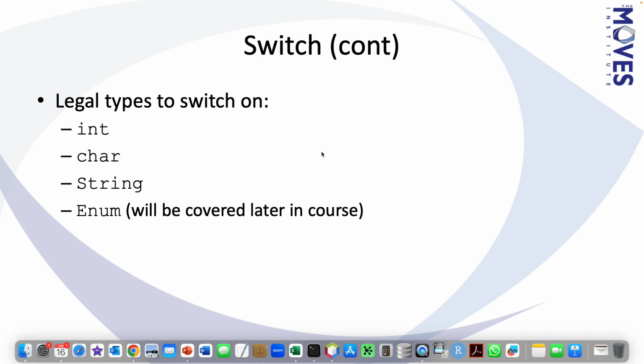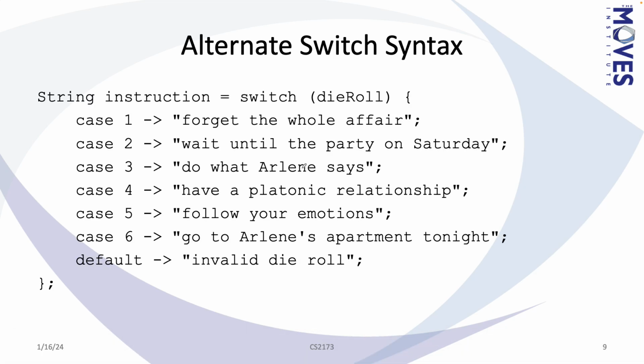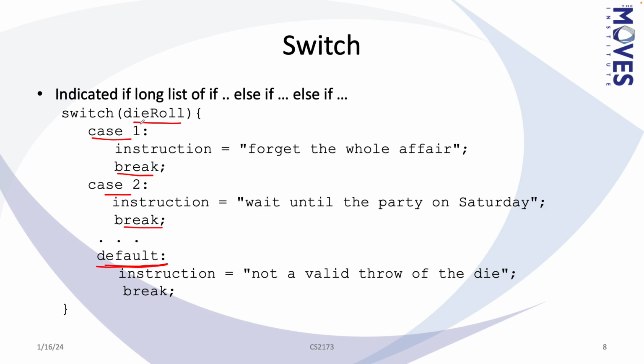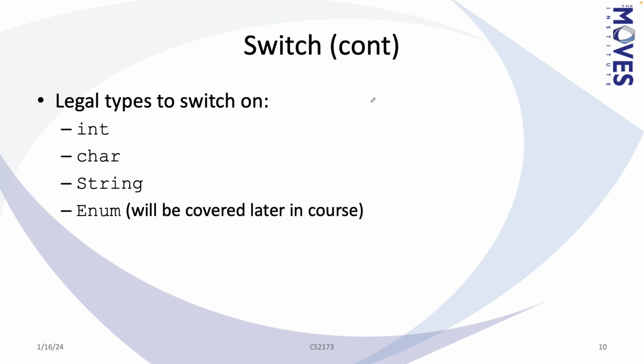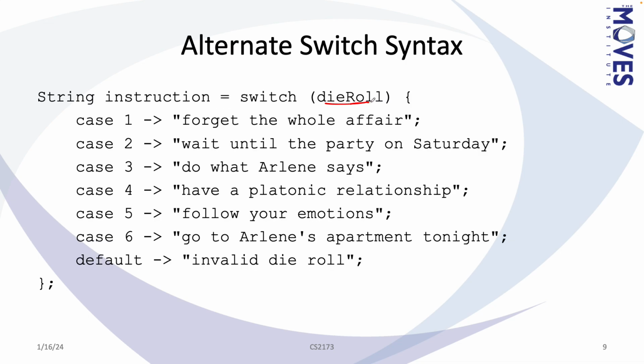When you say legal type to switch on, that's specifically for the different cases. Yeah, both the cases and the switch itself. When I say switch here, what can go here is an int, a char, a string, or an enum.